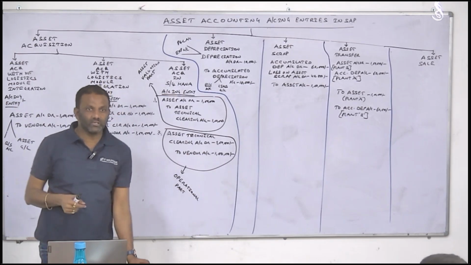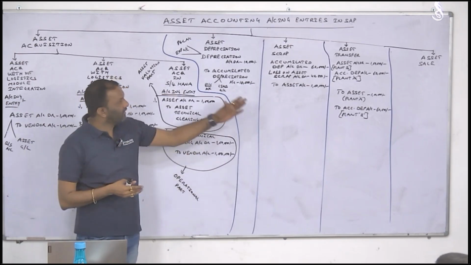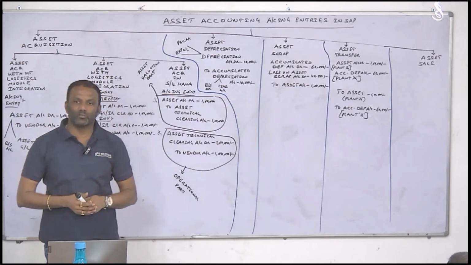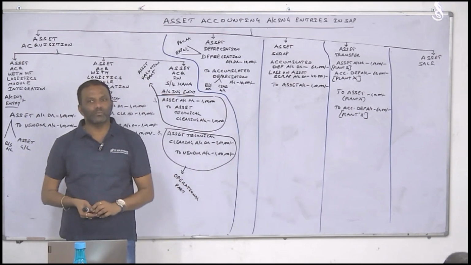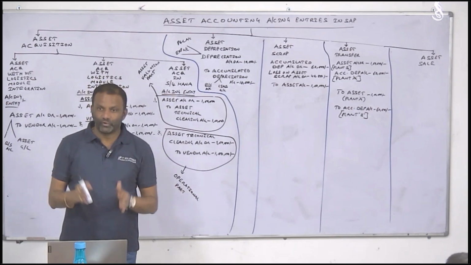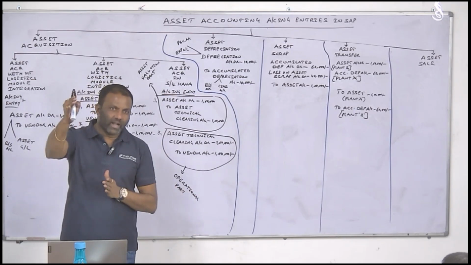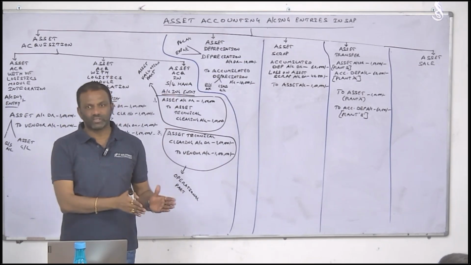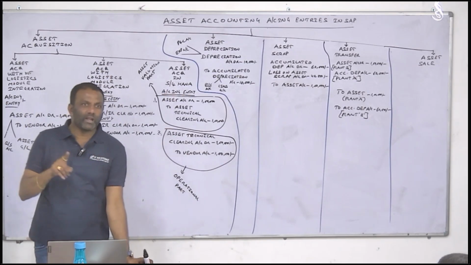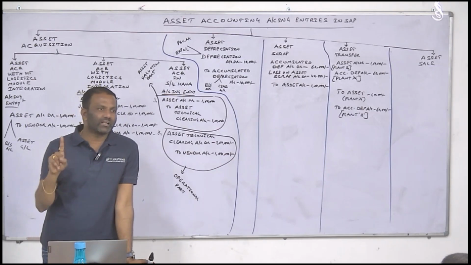Coming to transportation, you people try to understand. Here, for example, plant A to plant B, you are moving within your company code only. So the transportation charges will become expenditure. Plant A is separate, plant B is separate, but these two plants come under one legal entity only.